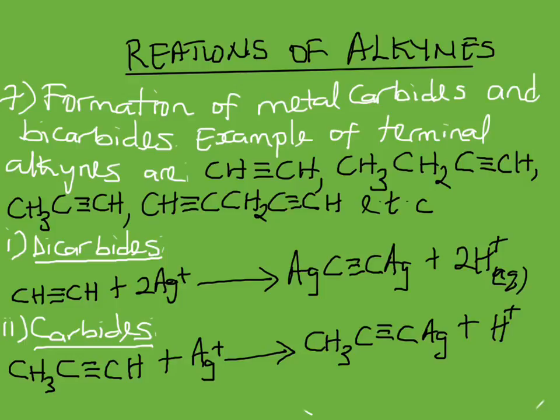For example, silver ion reacting with ethyne is going to give us silver 1 dicarbide, and there we have a white precipitate. Then to have a carbide, we are going to react our ethyne or our terminal alkyne with 1 molecule of silver ion or copper ion to give us our carbide.